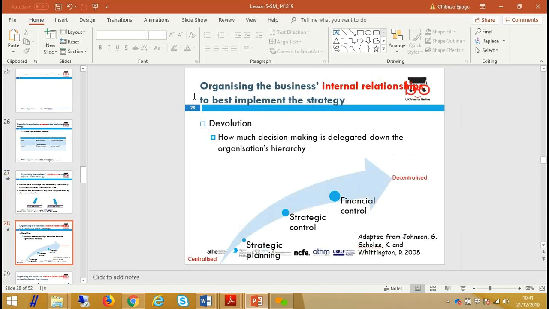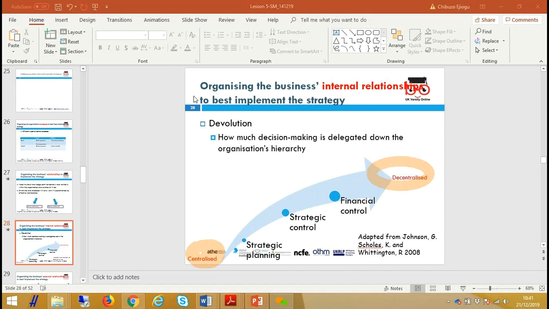But in terms of your internal relationships, there are different levels of control. At one end you have a very centralized approach, at the other end a very decentralized approach.